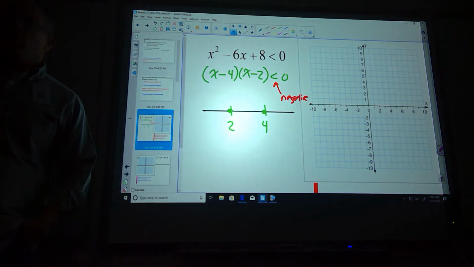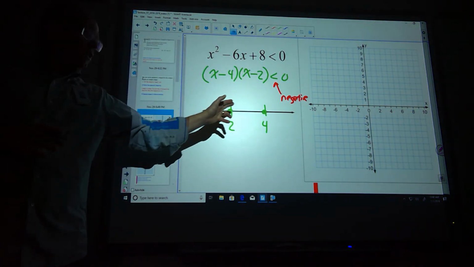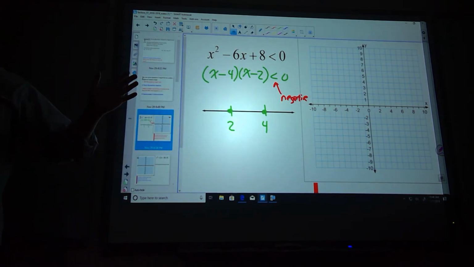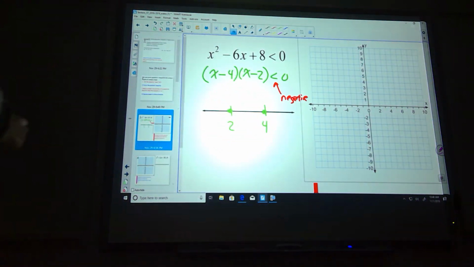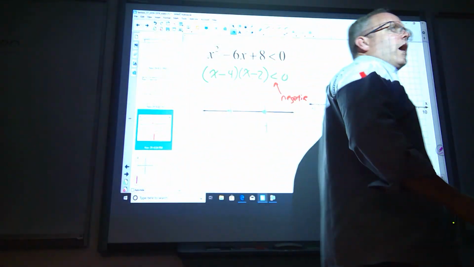So you have basically 2 critical values here so far. Yes? We have a 2, we have a 4. So this is what you want to know. You want to find out where this graph is negative. So you're going to go to your furthest right root.